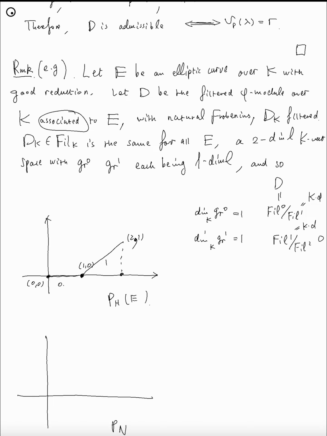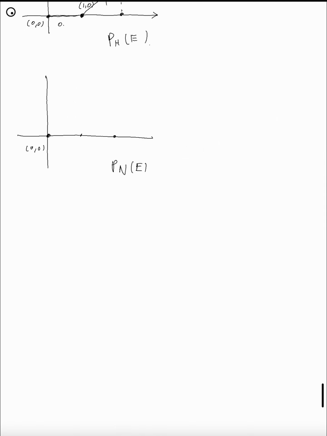Similarly, for the Newton polygon, how do you compute it? Starting from the breaking point, the dimension is 2, and you care about the p-adic valuation of those eigenvalues.